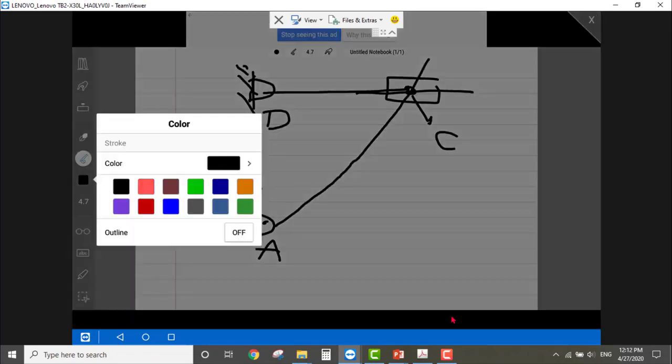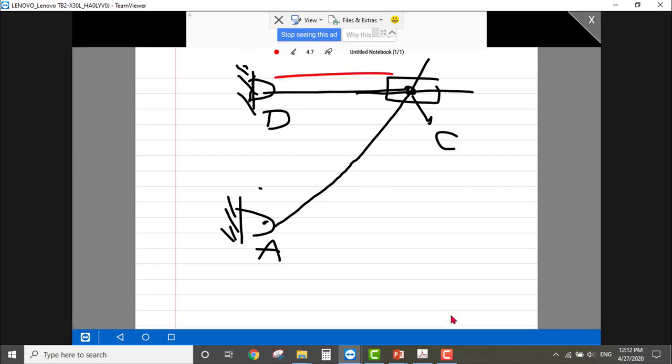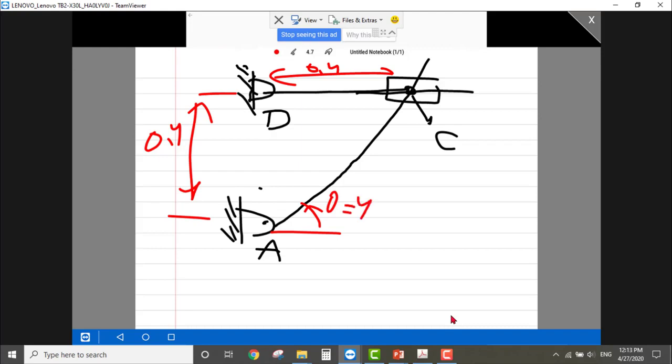Regarding the lengths, this length is 0.4, this is 0.4, and this length is 0.4. And the angle here is theta equal to 45 degrees.